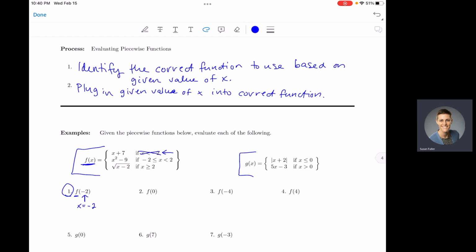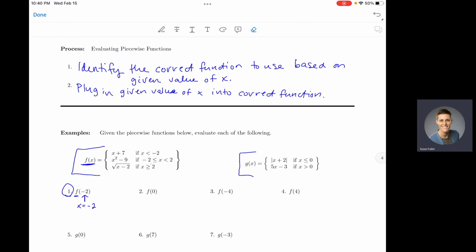The answer is no. Okay, so let's look at the next one. Is -2 less than or equal to -2? Because this includes the equal to, the answer is yes. This one is the one that we want.